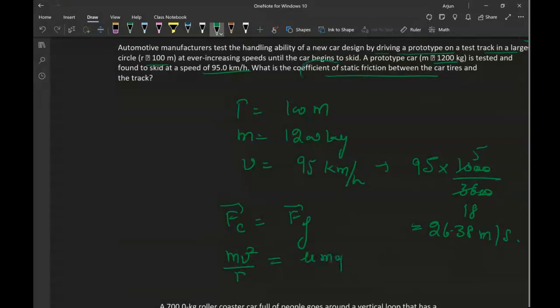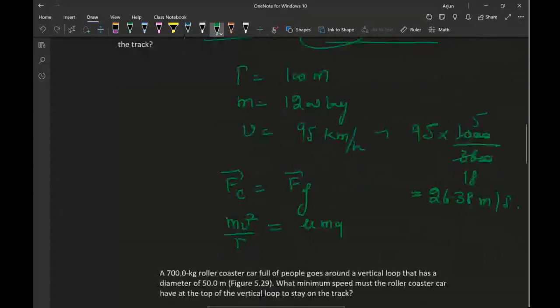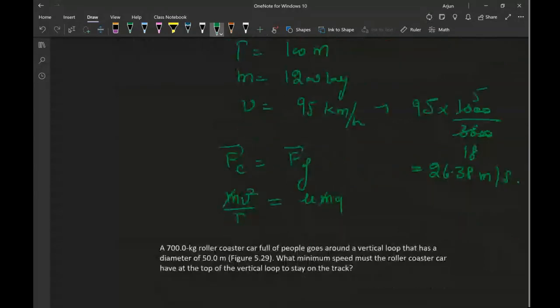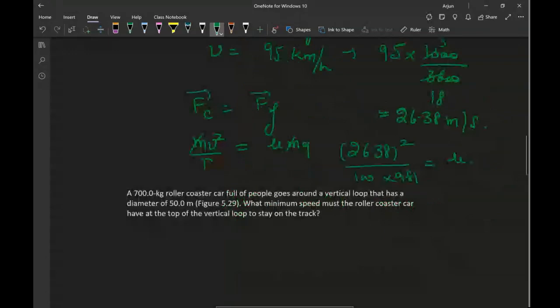We are looking for the coefficient of static friction. I can cancel out the masses, and from here I can find the value. The v value is 26.38, squared, divided by the 100-meter radius, and this will be multiplied by 9.81, equal to the mu value. That's how you're going to get the mu value.